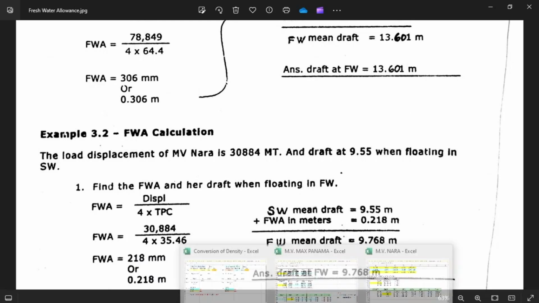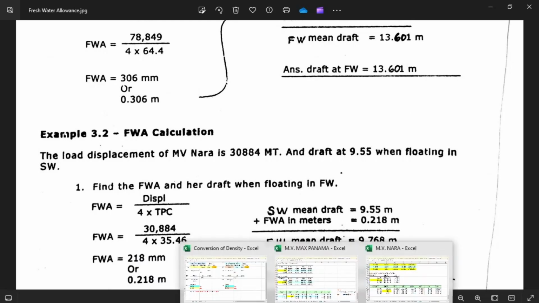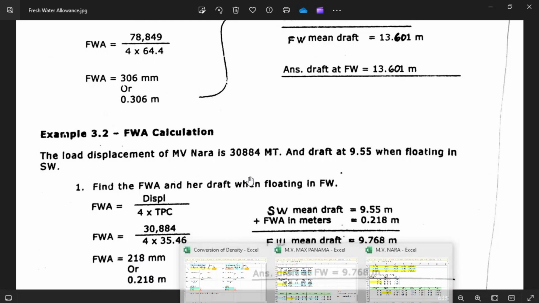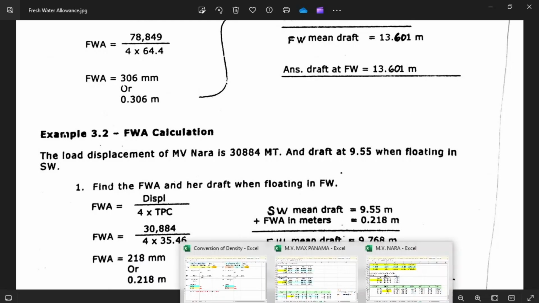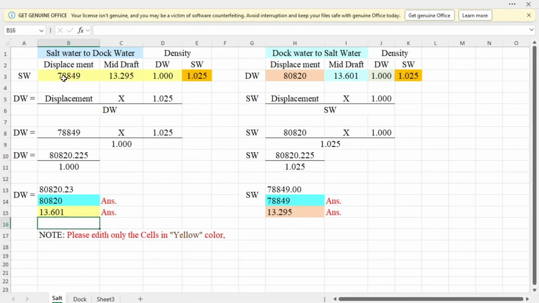When we go here, so your displacement is 30884. The draft will be 9.55, corresponding draft. And what will be his fresh water displacement?